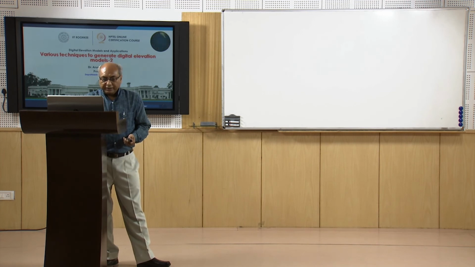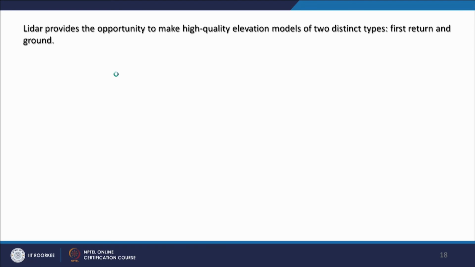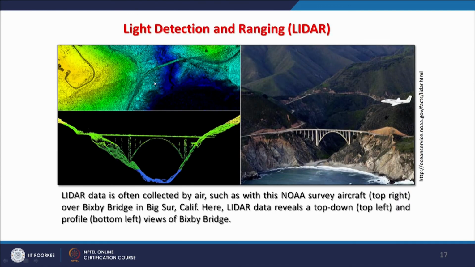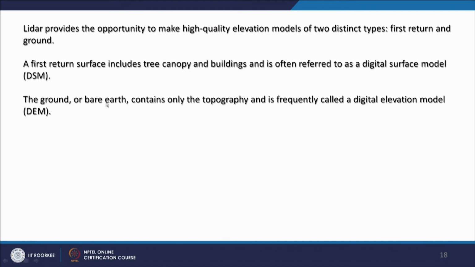As I have said, this generates the DSM, the first return surface, which includes tree canopy and buildings. It is often referred to as a digital surface model. So in the example which we have seen here with the Lidar, it is showing the DSM, not really a digital elevation model, but the ground or bare earth contains only topography, and that we call a digital elevation model.